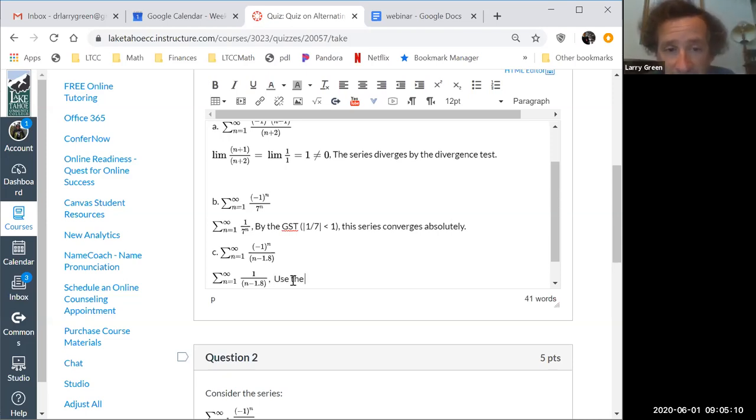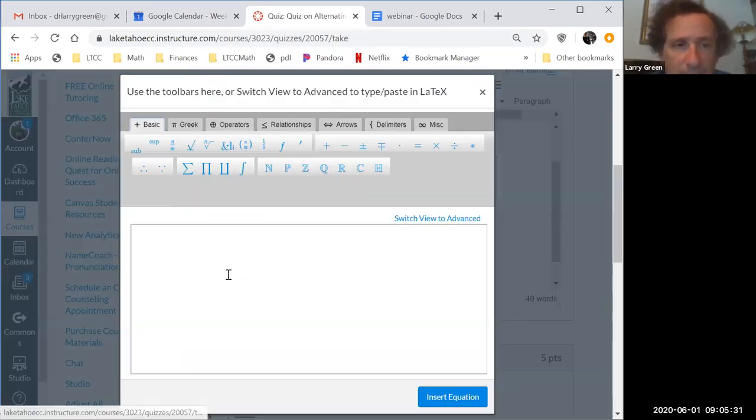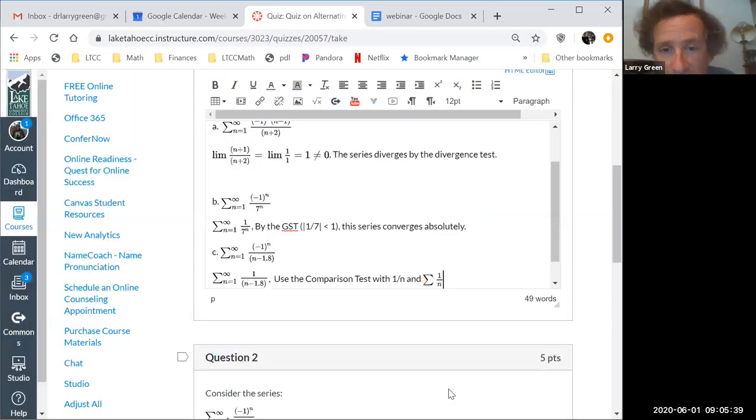So use the comparison test with 1/n, and the summation of 1/n.